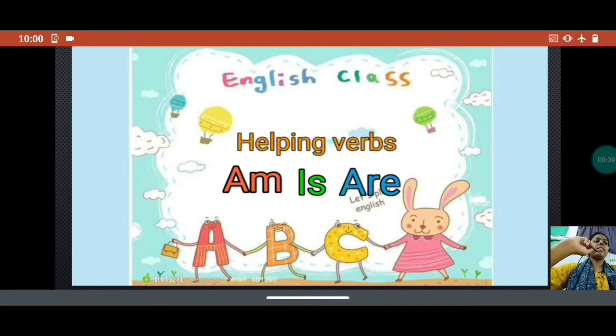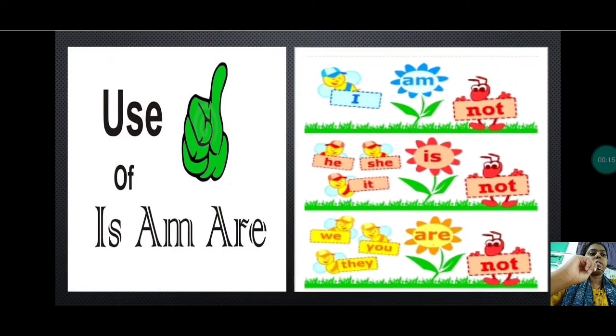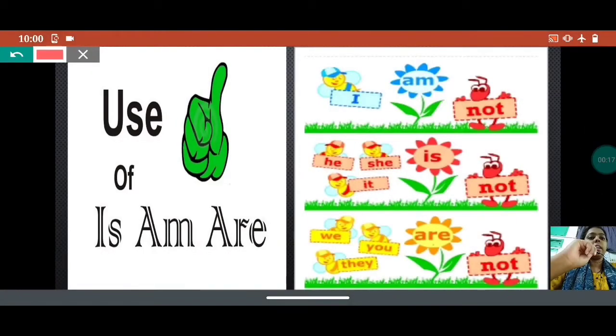So let us see where we can use is, am and are. First of all, we will see the use of is, am and are. I is always used with am. Okay?